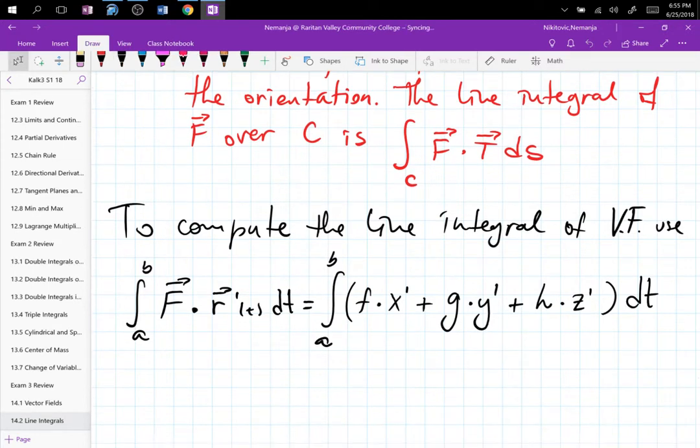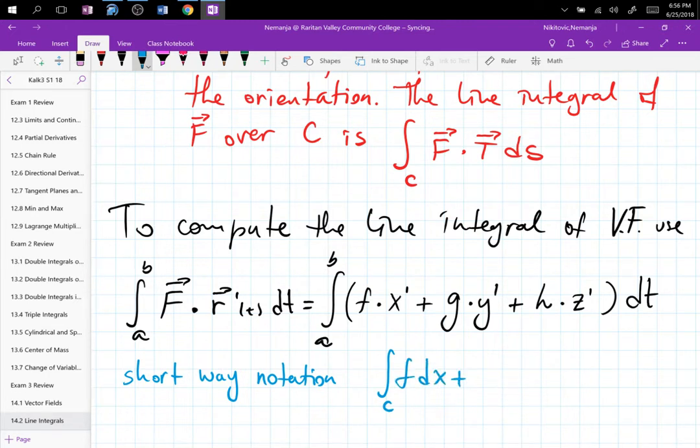Now, there is a short way of writing this, and you will see this in your homework and exam. Short notation: integral over C of F dx plus G dy plus H dz.